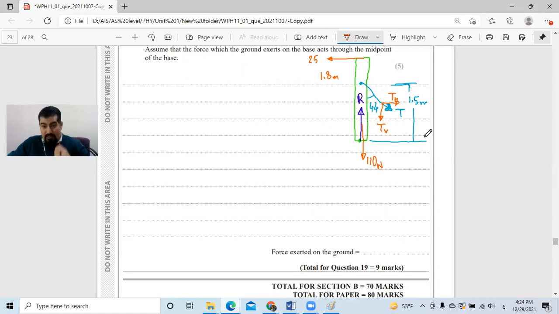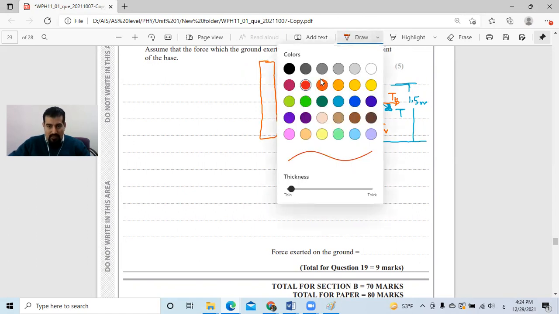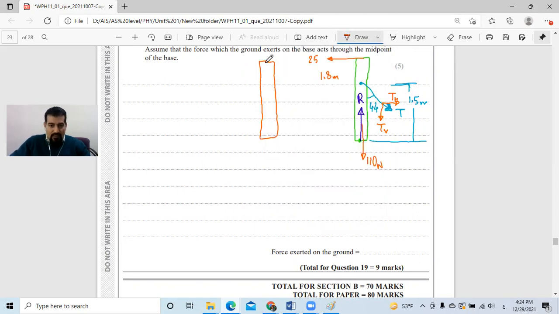So if I'm talking about moment only, I have two forces that make a moment: the force of the wind, 25 Newton, and the horizontal component of the tension on the rope.